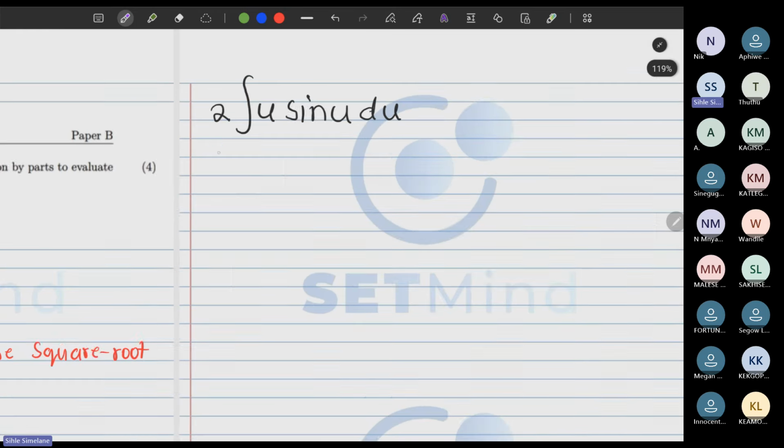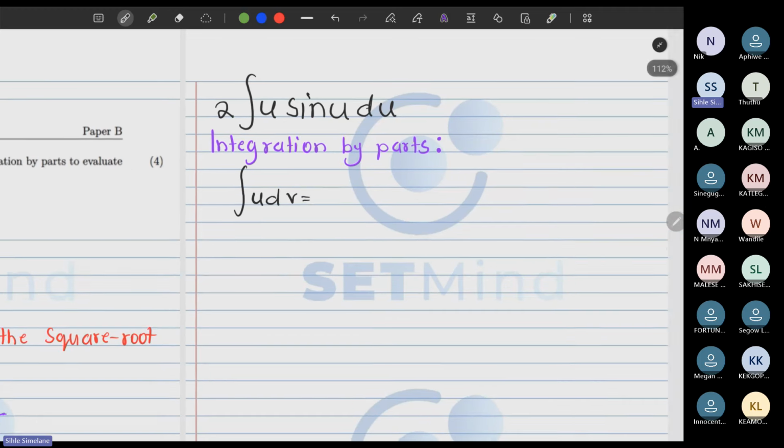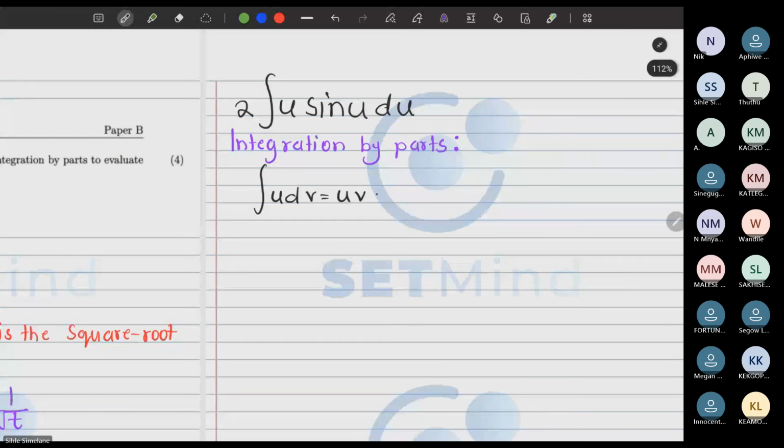So let's go ahead and put up our expression for integration by parts. Our expression for integration by parts is very simple. We have the integral of u dv equaling u times v minus the integral of v du.